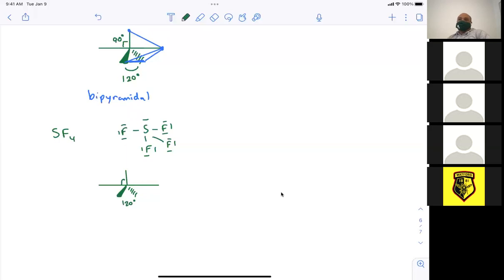The top one, right? Because it's 90 and 90 and then 120 and 120. So overall, it would be furthest away from everything. So that becomes our lone pair up there. But I want you to picture the shape as just being this.